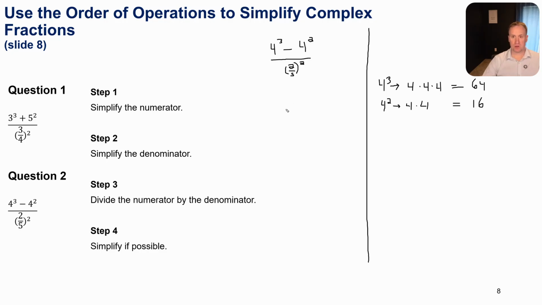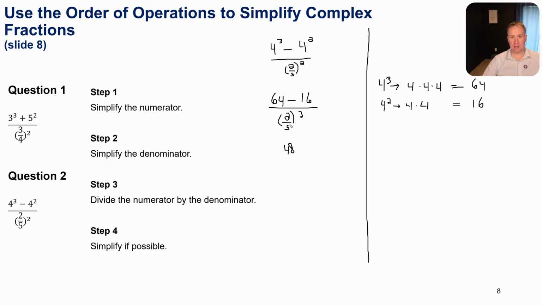Okay, so at this point then, if I was to rewrite this, I have 64 minus 16 over 2/5 squared. 64 minus 16 then is going to be 48.